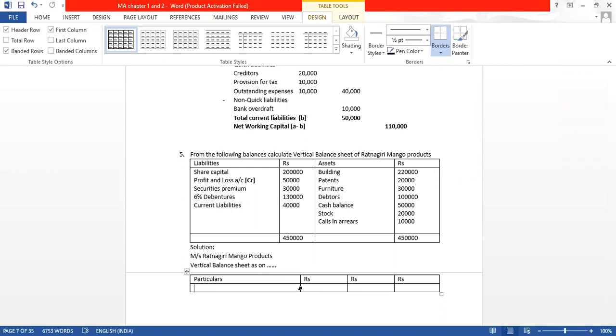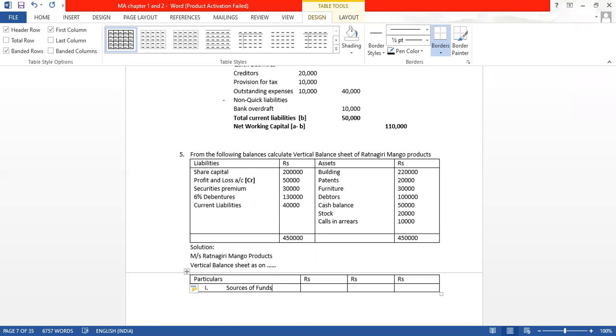Now a company's balance sheet starts with, because if we want to do business, we require funds, and the funds required we call sources of fund. So to do business, what is required? Money is required.